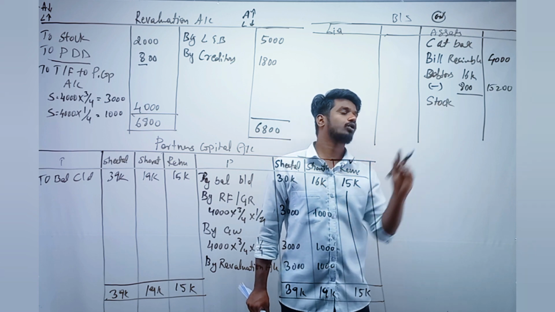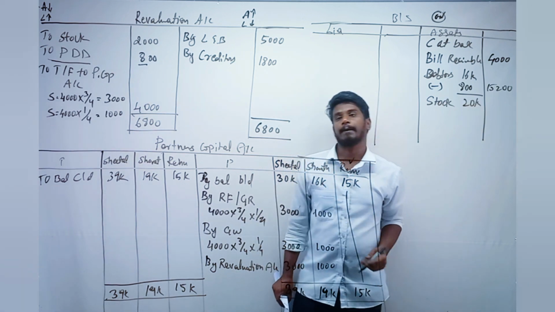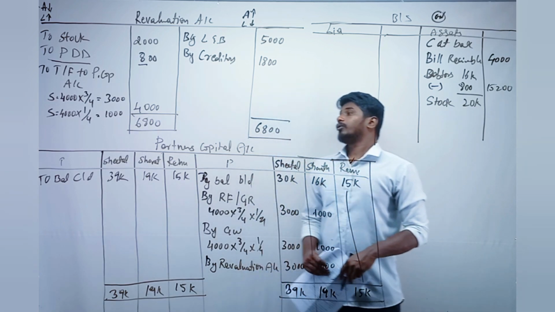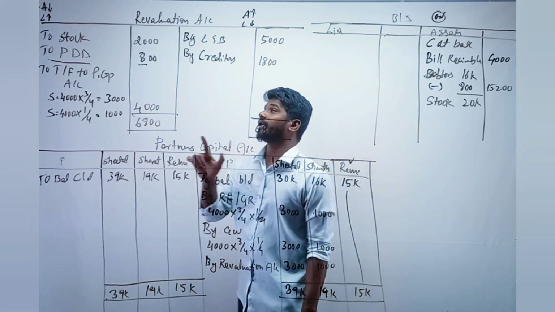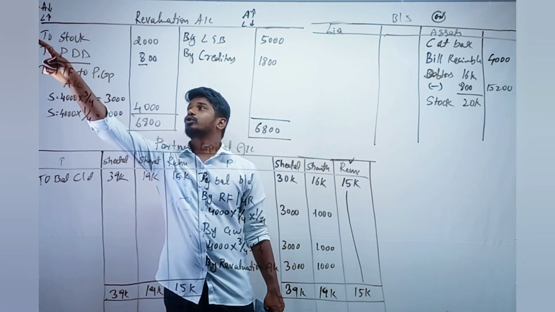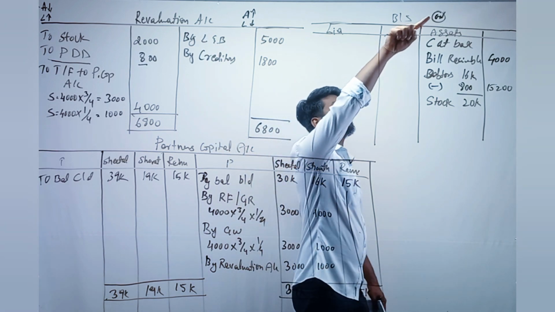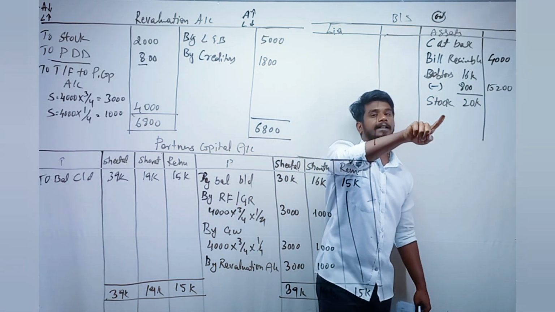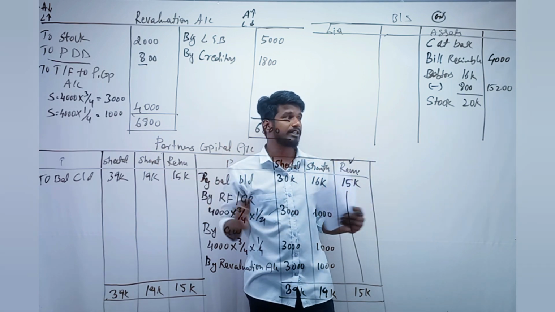We have stock. How much is it? 20,000. Do we have anything in the revaluation account for stock? Yes, we have stock 2,000 on the debit side, but we are writing it on the credit side. Is it opposite? Yes, obviously it is the opposite side.